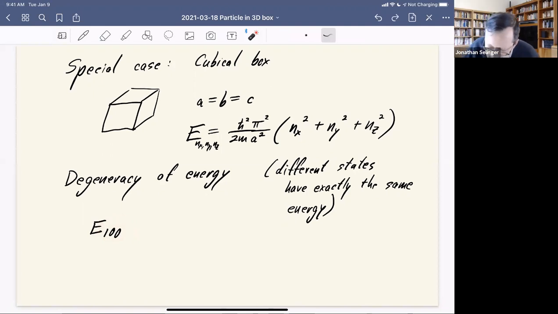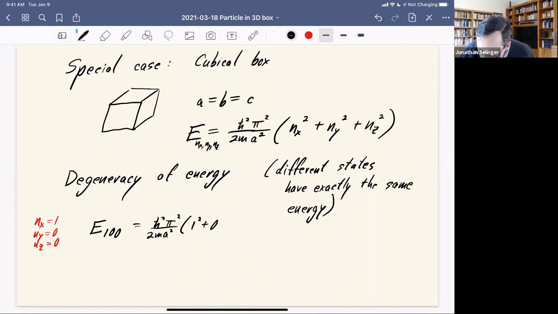And so that means n_x equals 1, n_y equals 0, and n_z equals 0. That's what E sub 1, 0, 0 means. And so this is equal to h bar squared pi squared over 2ma squared times 1 squared plus 0 squared plus 0 squared. So that's just h bar squared pi squared over 2ma squared.